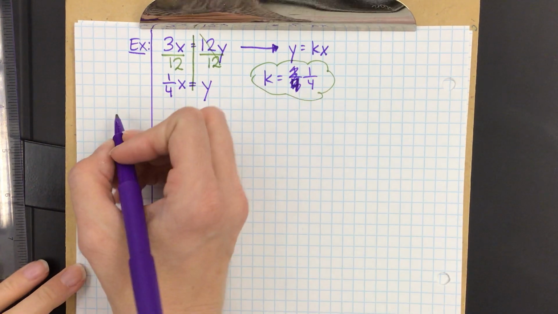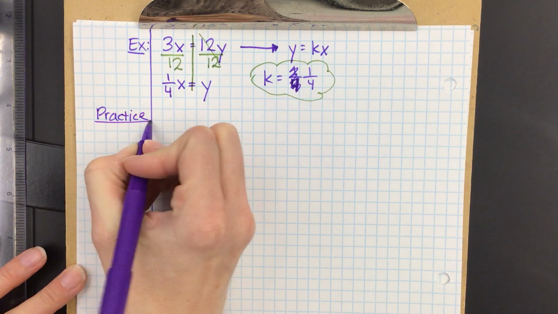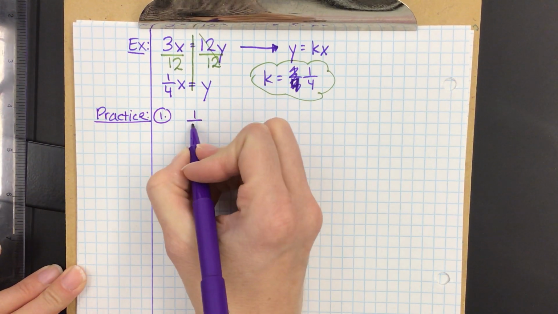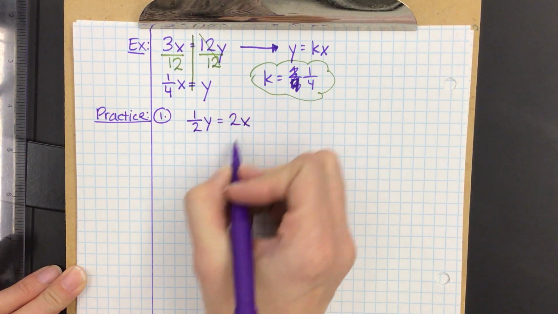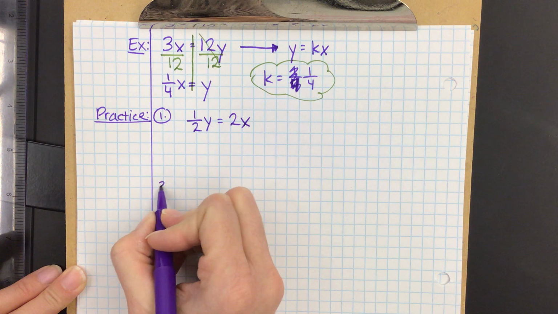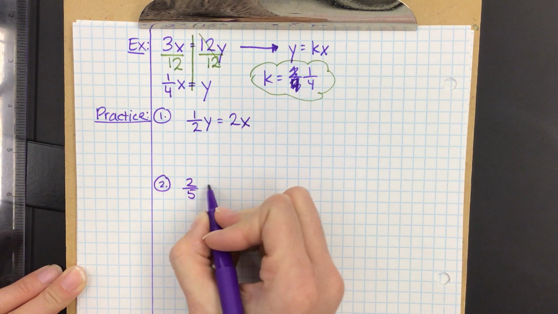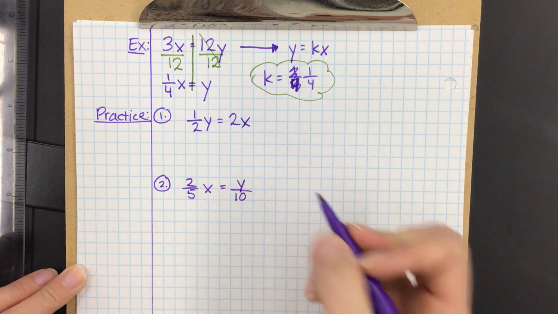So let me give you a couple to practice. Okay, try to find the constant of proportionality from this one. And that one.